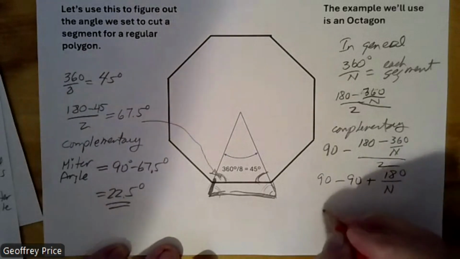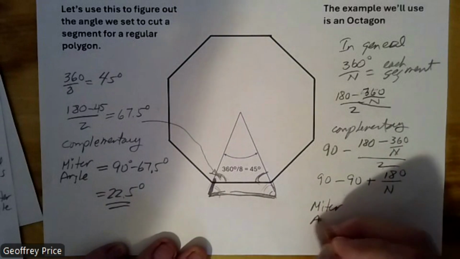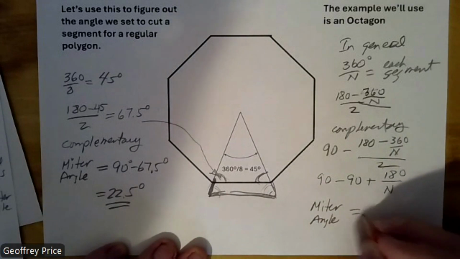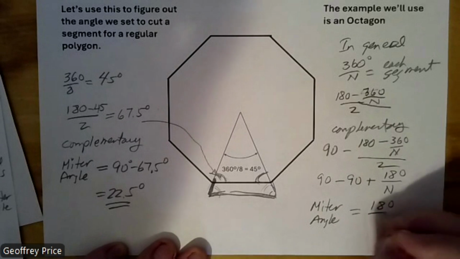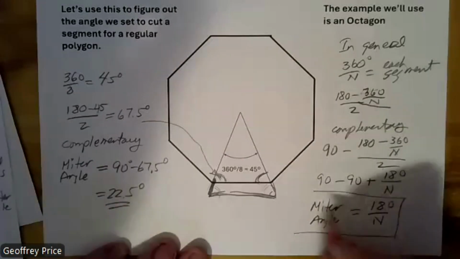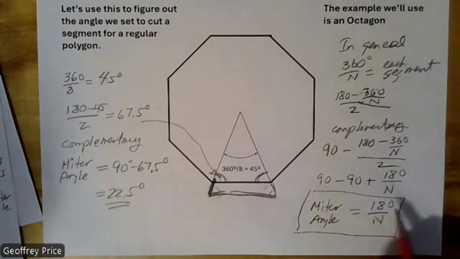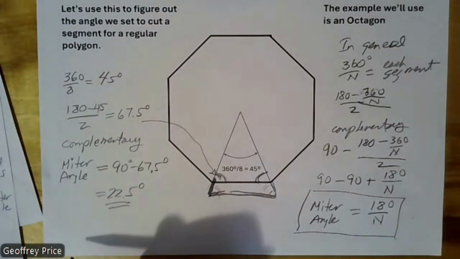So I wind up with the miter angle for the general case is 180 over n. You may have seen that if you do segmented work. Well, now you know why.